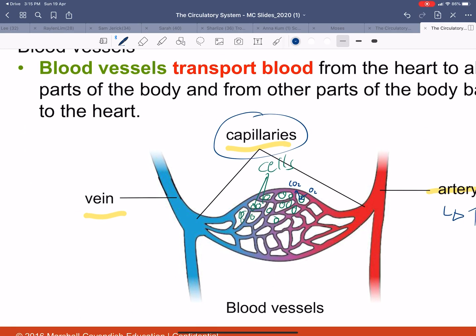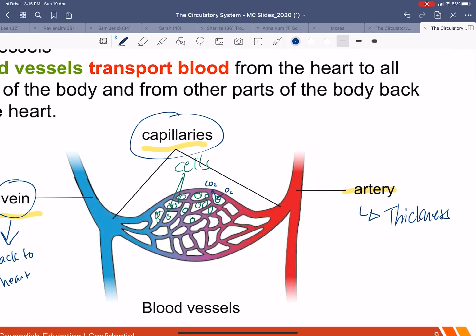Now your veins are the ones that deliver blood back to your heart, and your arteries are the blood vessels that deliver blood away from the heart.